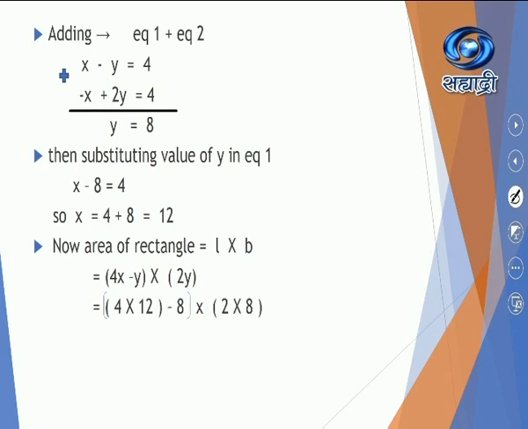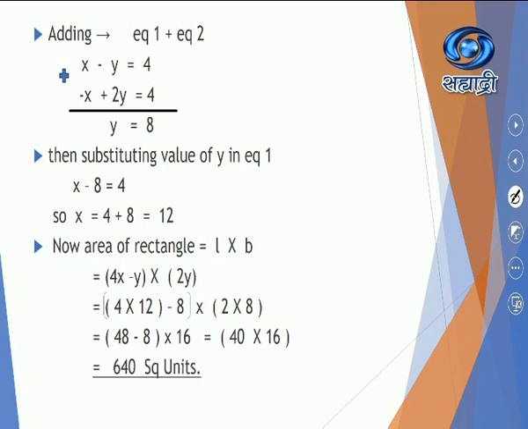4 into x, that is 4 multiplied by 12, as x value is 12, minus y, that is we are going to write y as 8. So the equation becomes 4 into 12 in one bracket minus 8 multiplied by, in another bracket, 2 multiplied by 8.